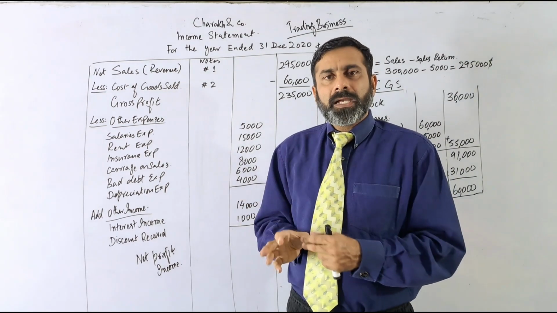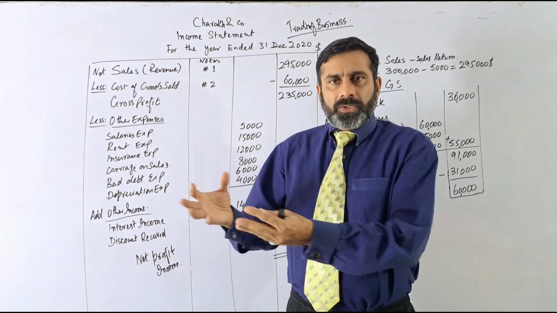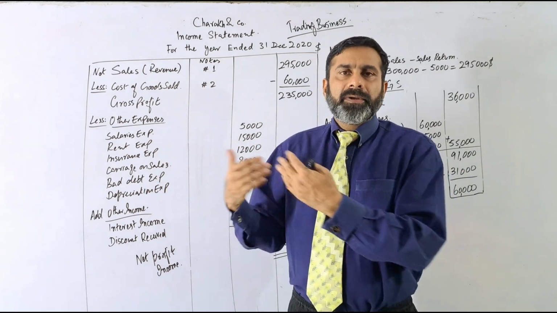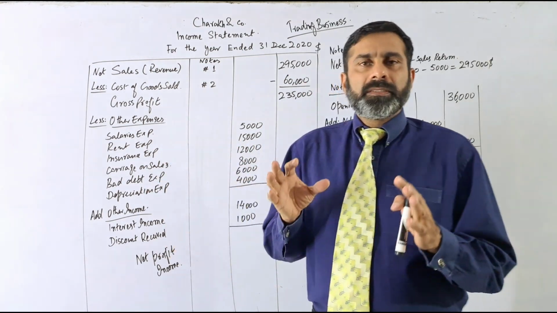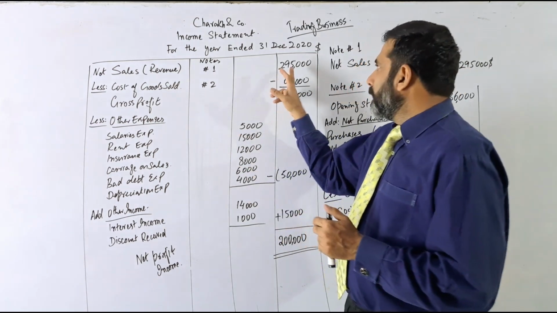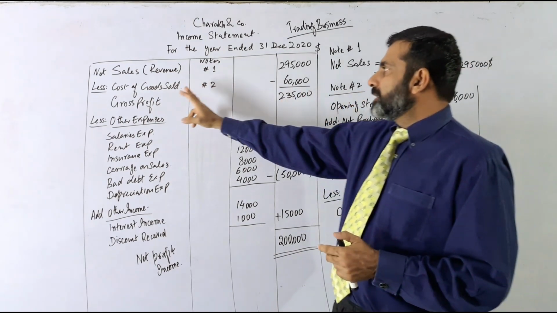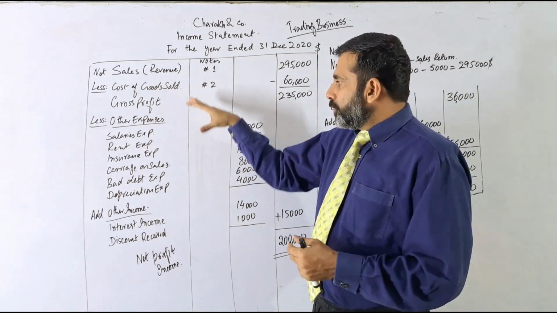The sale is 300,000, but some customers returned the goods, so they received the money and now they are giving it back to the customer. So the net amount the business is receiving in the form of revenue is only 295,000.